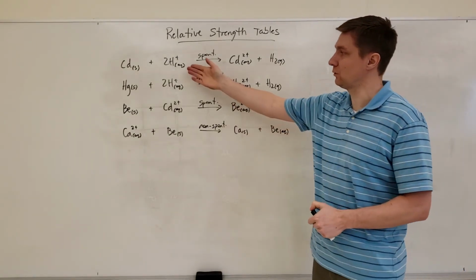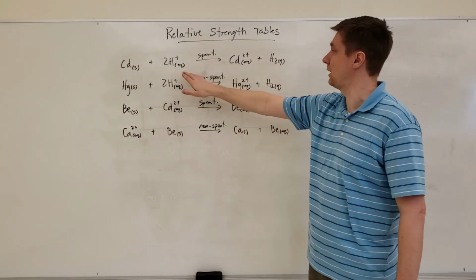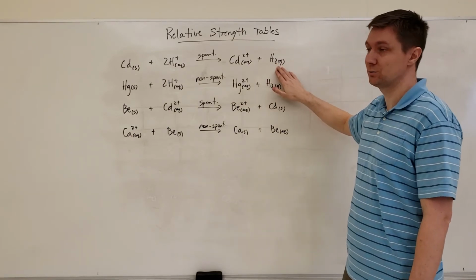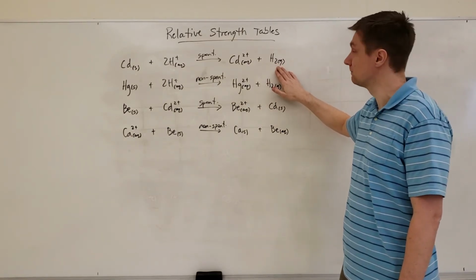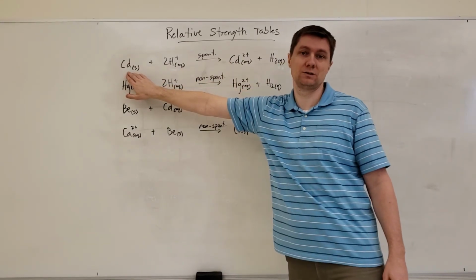But right here, all you have to worry about is what is my oxidizing agent, what is my reducing agent? And in this reaction, I can see that H+ turned into H2, which means that it gained electrons to do that. So this is my oxidizing agent, and this then is my reducing agent.